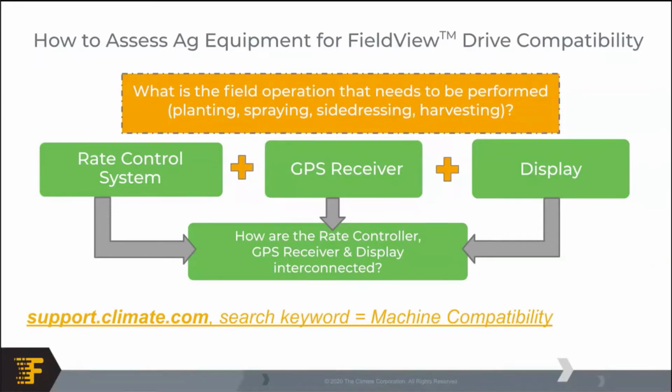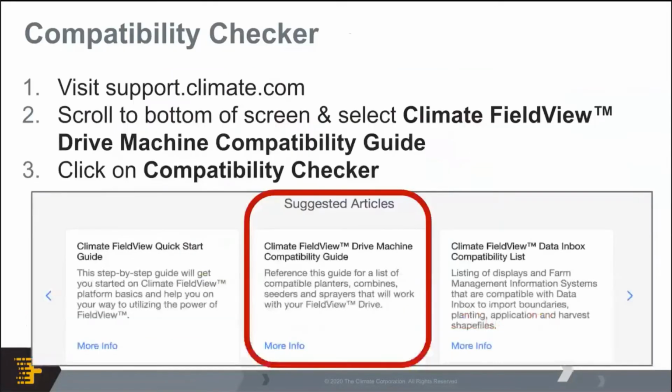A lot of times, it doesn't really matter what iron these particular features are on. It just matters that we have compatibility with the display, the receiver, and rate control system, and then they're connected in a way that we already have compatibility for. So that's what we look at when we're looking at compatibility.